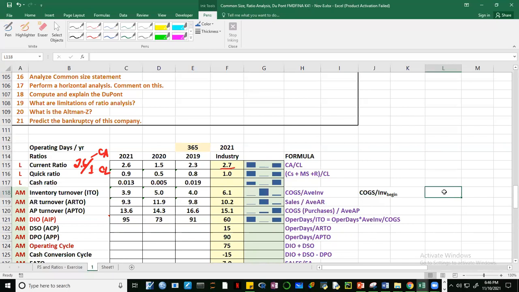Okay, so we can see the projection, guys. We can see the evolution of the changes in as far as the days inventory outstanding is for the company. Noong 2019, 91 days. Ano yung 91 days? Bili ng raw material, convert to finished product, and then sell. 91 days yun, yung cycle na yun. Noong 2020, 73.